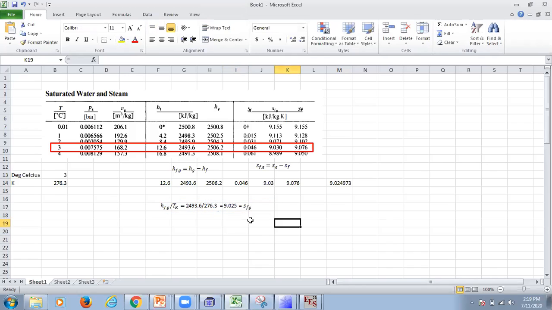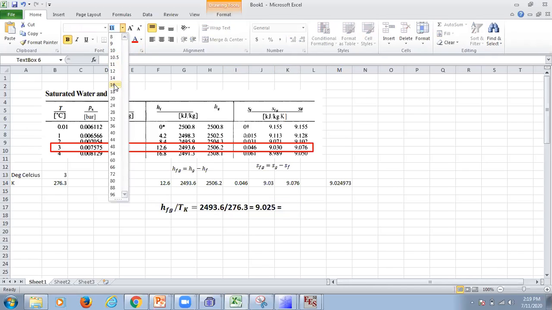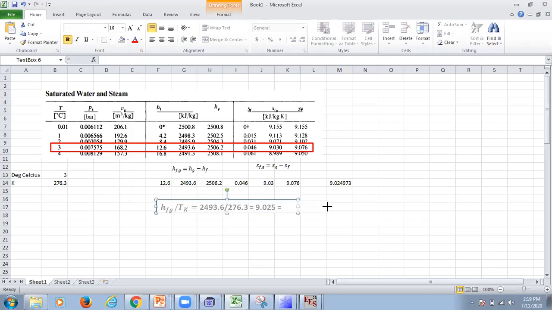So this is the way in the property table the s values are calculated.